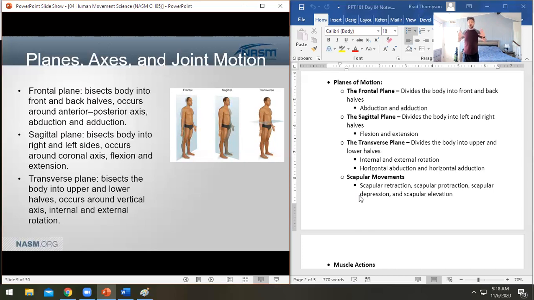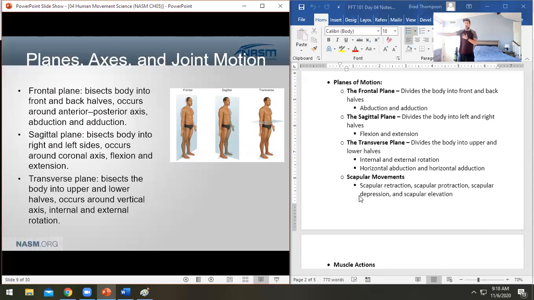So a push-up, right, is horizontal adduction because I'm adding, you know, to my midline. And then like a row is horizontal abduction because I'm moving right away from my midline. And it's happening on the transverse plane because, right, that is dividing me this way.